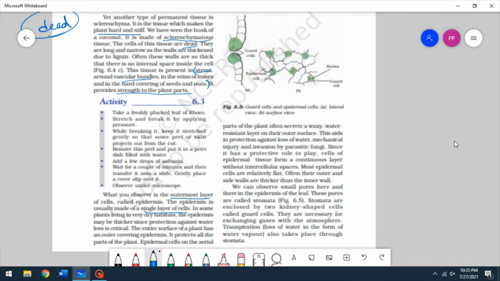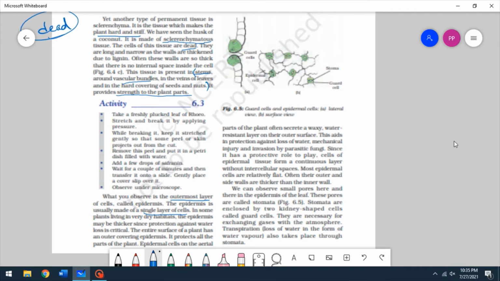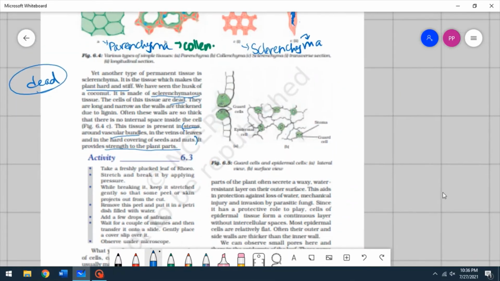So that can be asked as a give reason question. Cacti have thicker and waxy epidermis. Give reason. They have thicker and waxy epidermis to prevent the loss of water.